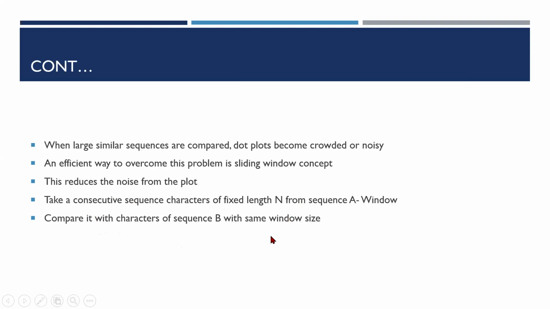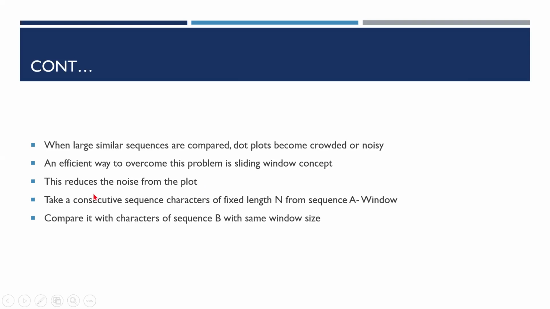should be 10. And you all remember that these are all pairwise sequence alignment methods we are discussing. Among the available methods, the dot plot matrix is the method we are discussing. Since the noise is so high in the case of large similar sequences, we are trying to apply the sliding window concept. Instead of comparing the characters one by one, we take the window and then compare the two sequences under consideration.